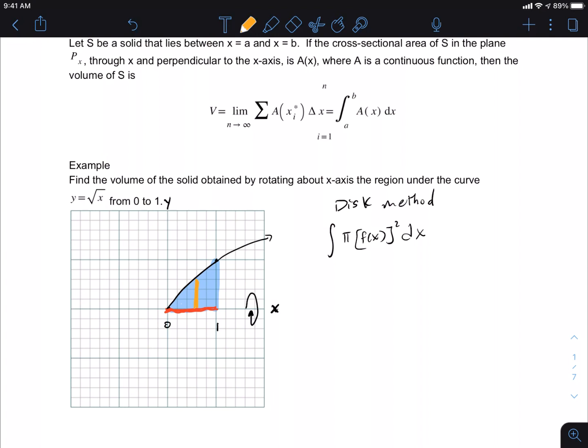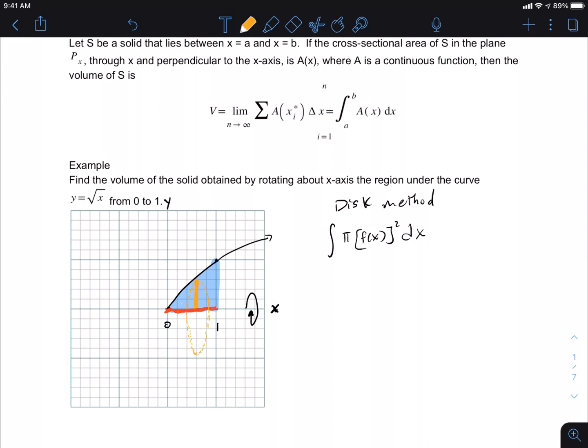So I'm going to show you how this formula becomes what it is. If I rotate about the x-axis, doesn't this form a circle? Do you agree? If I have this as my axis of rotation, and I have some curve, isn't that curve going to go around the axis of rotation?